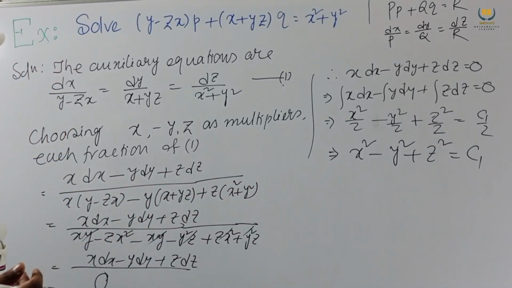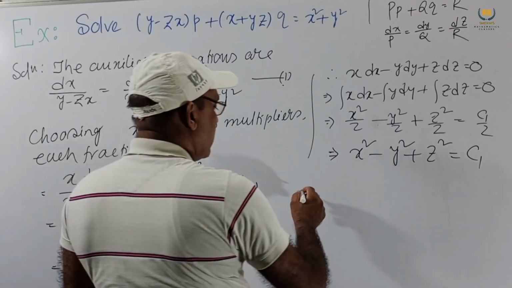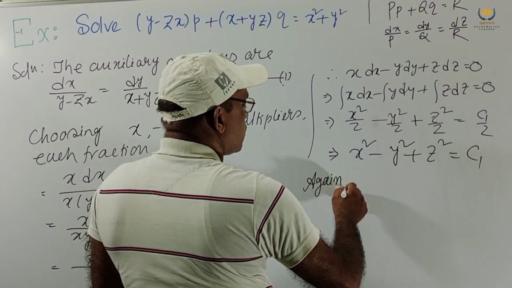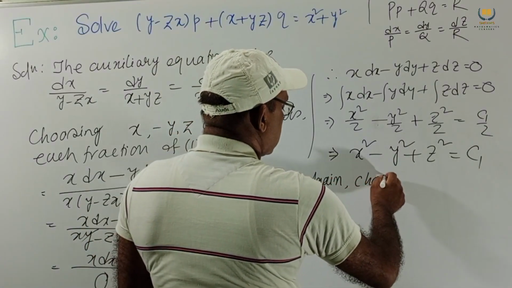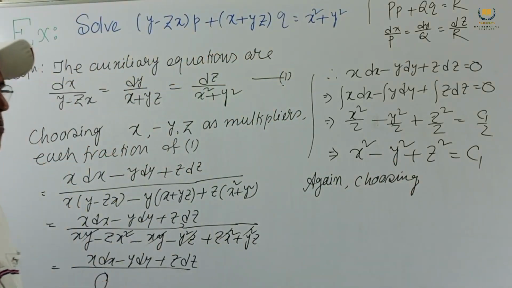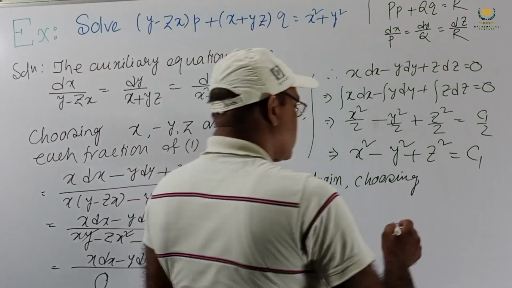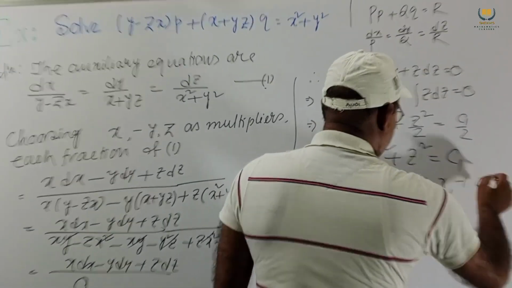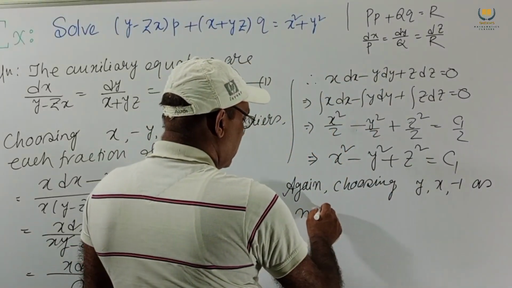Next we consider again some multipliers, again choosing y, x, -1 as multipliers.